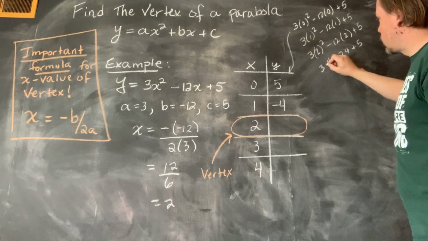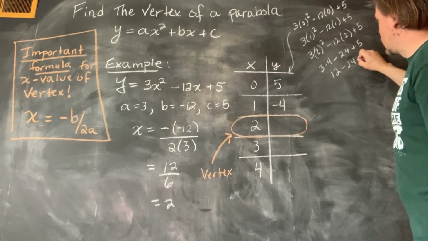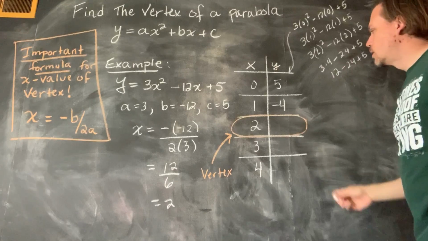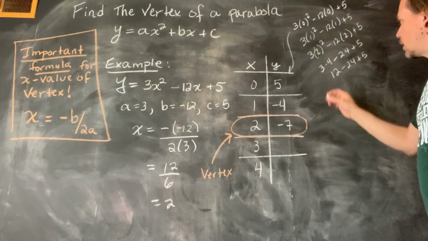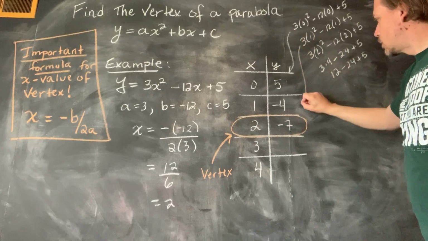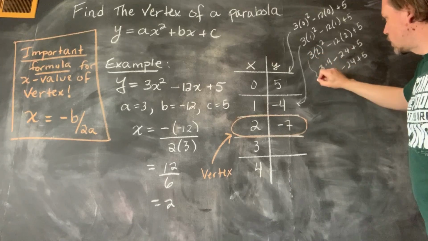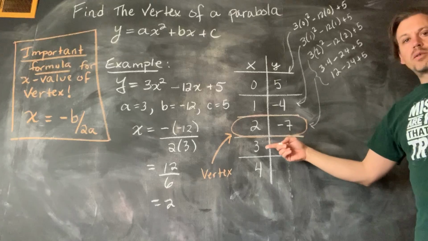So that's going to be 3 times 4 is 12, minus 24 plus 5. That's negative 12 plus 5. I get negative 7. All of this work that I did here is to find my vertex. So we can keep substituting these values in.